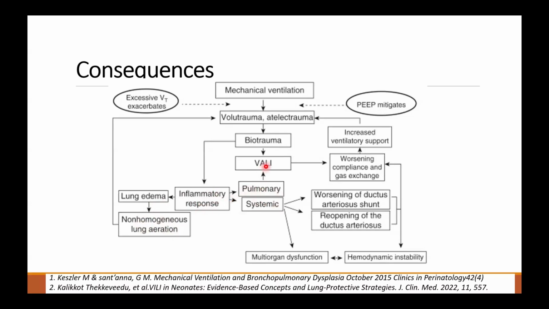Pulmonary, we know, is ventilation induced lung injury, and in systemic, it could be worsening of ductus arteriosus, reopening of PDA, which ultimately causes worsening compliance and gas exchange and increased ventilator support. So there would be a cascade of all these events and ultimately a vicious cycle. And in addition, there would be multi-organ dysfunction syndrome, which would account for hemodynamic instability as well.